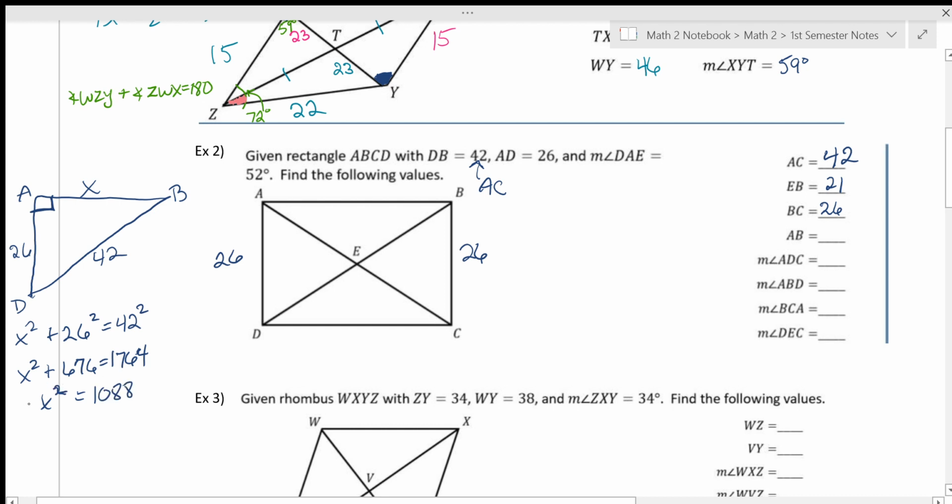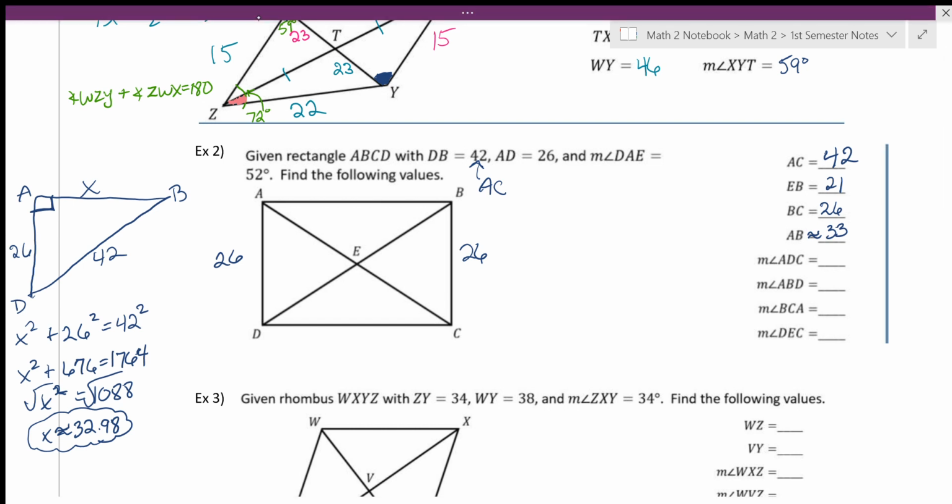And I take the square root to make it just x. And I get that x is approximately 32.98. And we can go ahead and just leave that as a little decimal there. Okay, so AB is about 33. Remember, the little double squiggle means about.